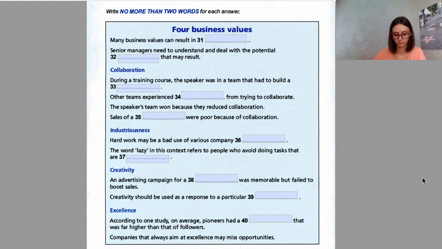A major study of company performance compared pioneers, that is, companies bringing out the first version of a particular product, with followers, the companies that copied and improved on that product. The study found that the pioneers commanded an average market share of 29%, while the followers achieved less than half that, only 13%, even though their product might have been better.